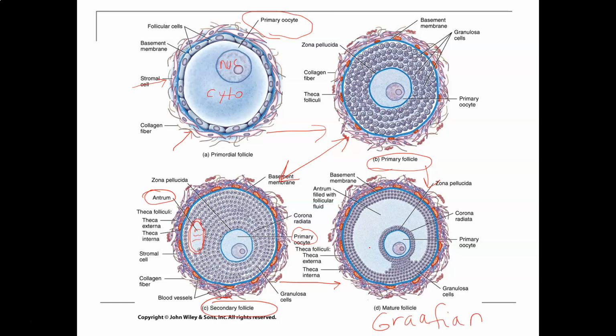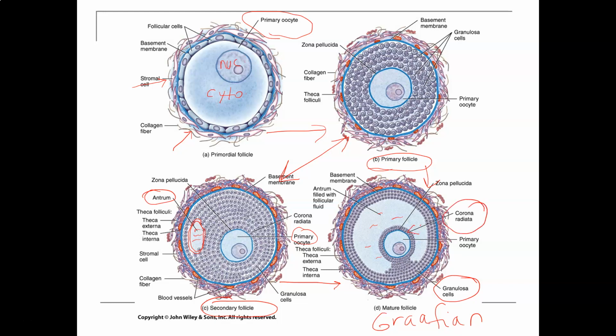And notice that now the antrum is huge. This is all a cavity in here filled with what they call follicular fluid. And then notice the granulosa cells form a ring around this big cavity, and they also form a ring or halo around the egg cell, which is called the corona radiata.